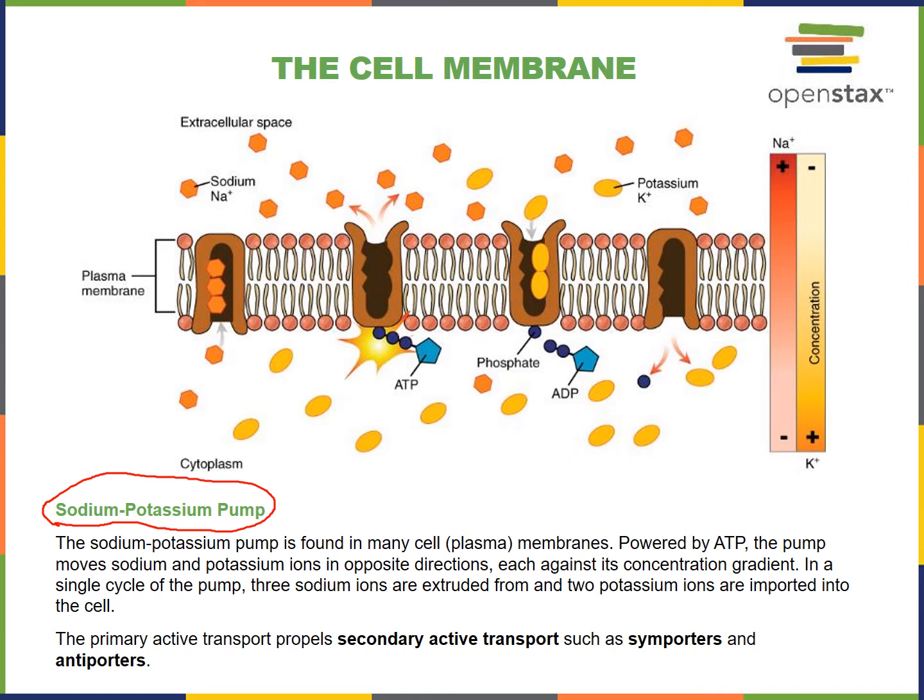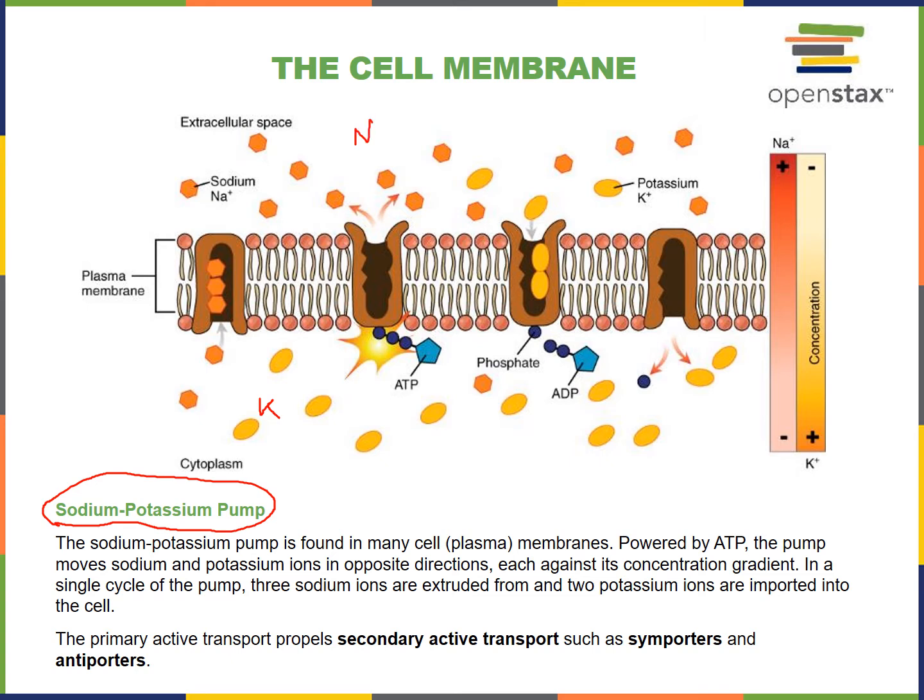If you don't replenish the outside with the sodium, it will degrade. There's not enough sodium outside the cell to create an action potential or electricity. By the same token, there is not enough potassium inside the cell to create another action potential.